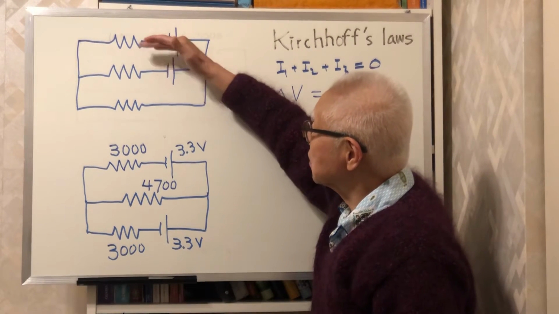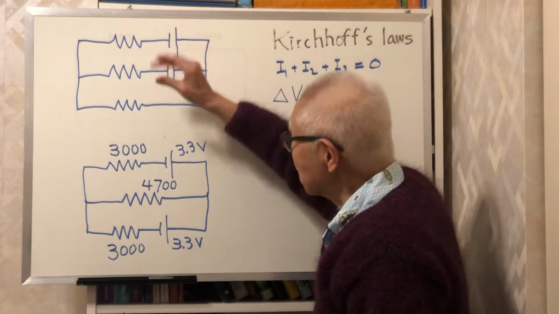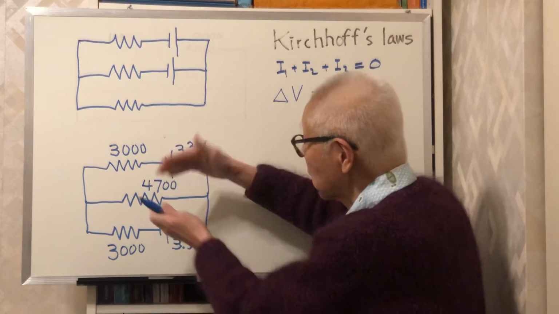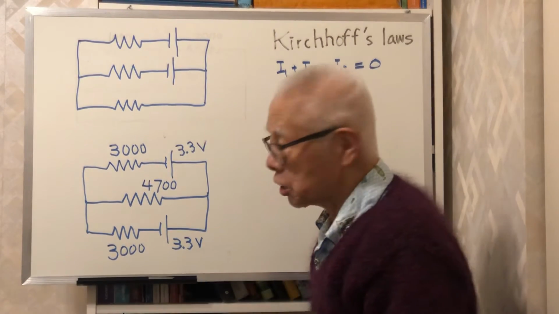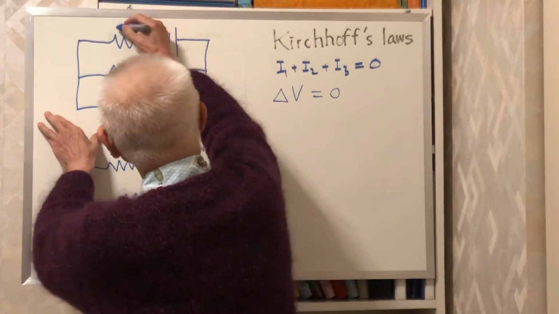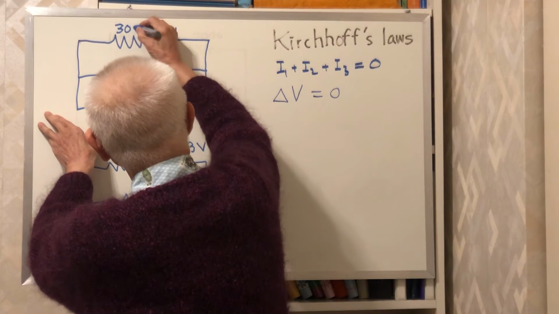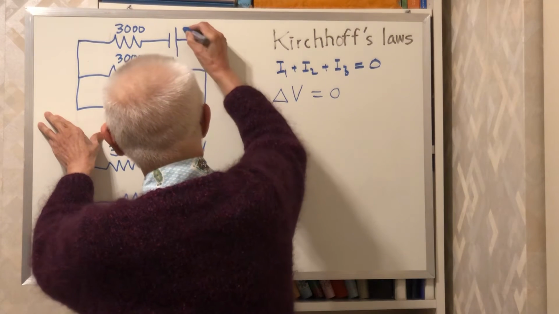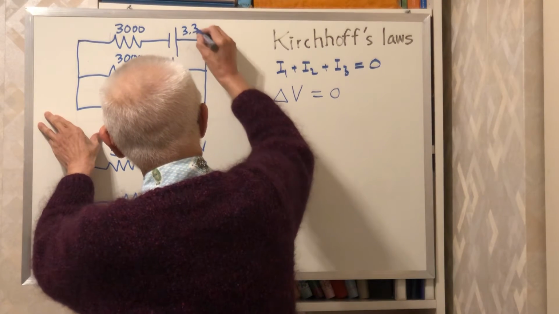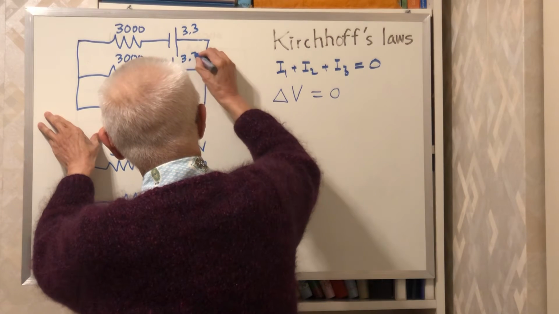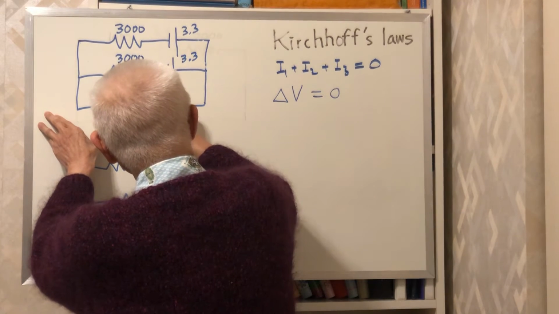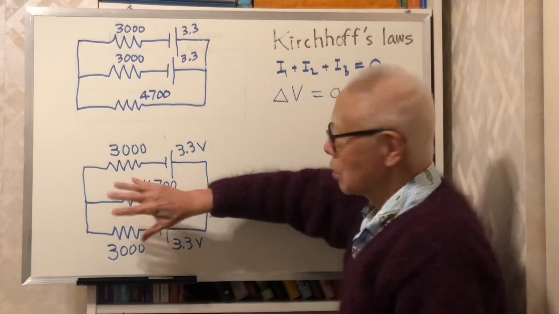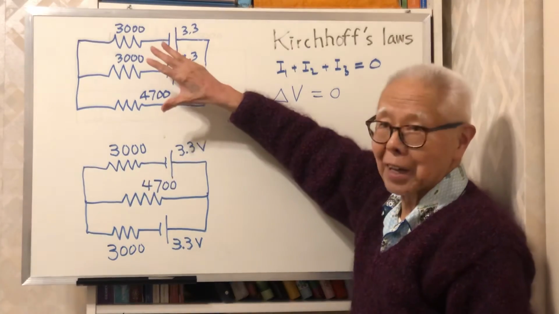I draw these two branches together instead of one here and the other one there. I brought them together. It doesn't change anything, right? So I redraw this, and it is this.